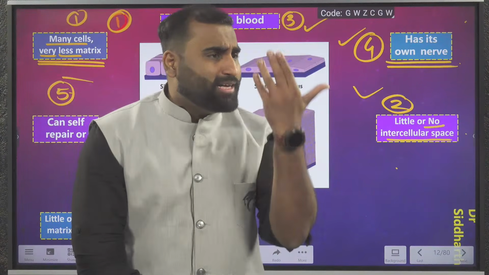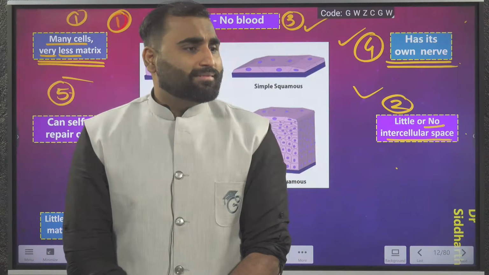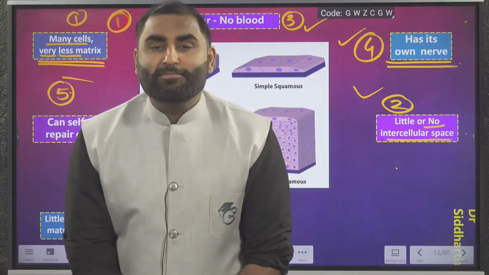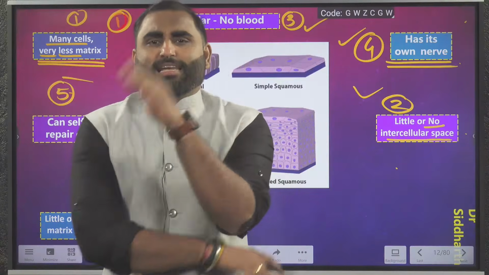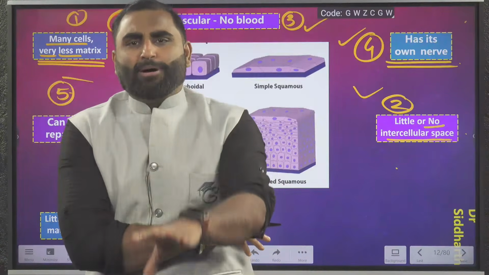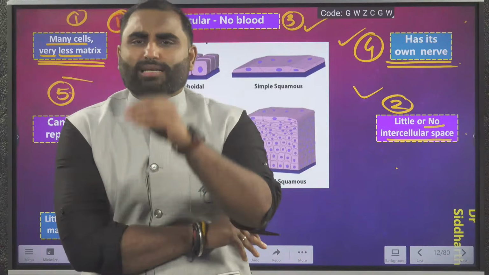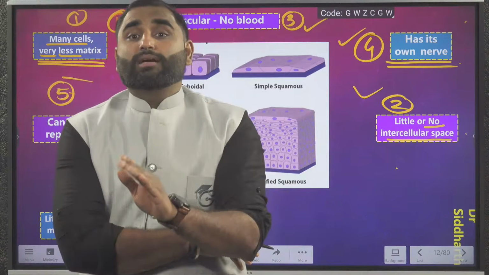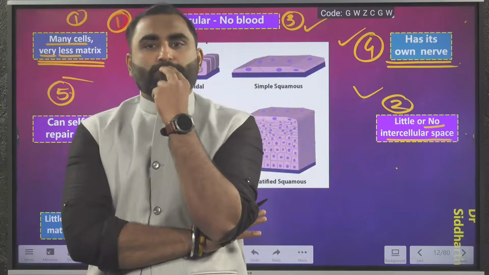Can anyone tell me what it is? Like I am right now standing on the basement. So basically all epithelial cells, whether squamous, simple, compound, cuboidal, or any other cell, are sitting on the basement membrane.